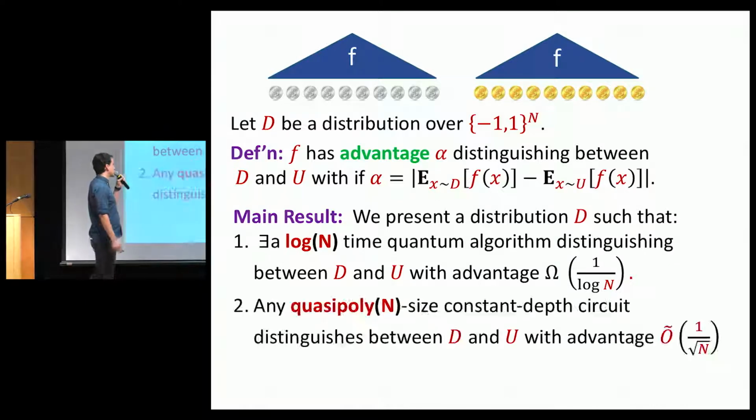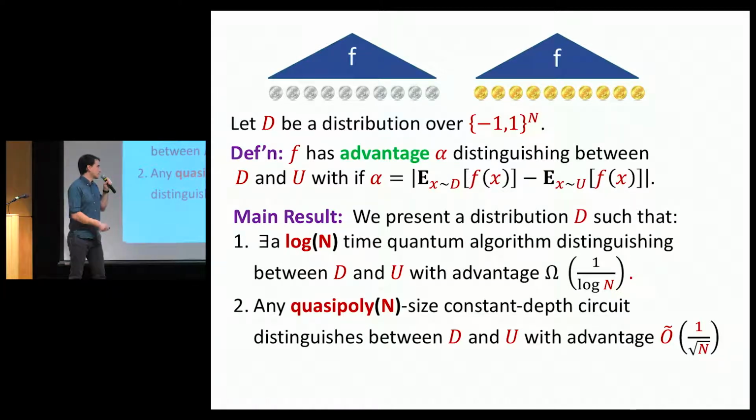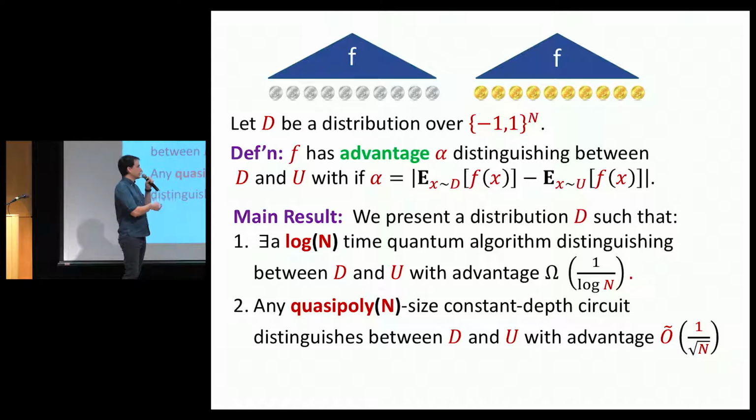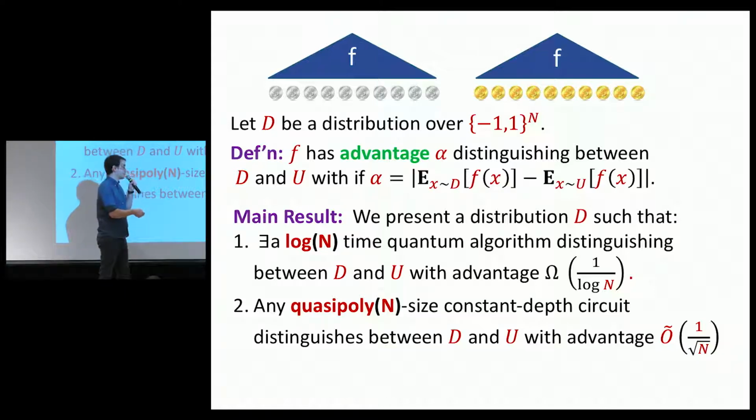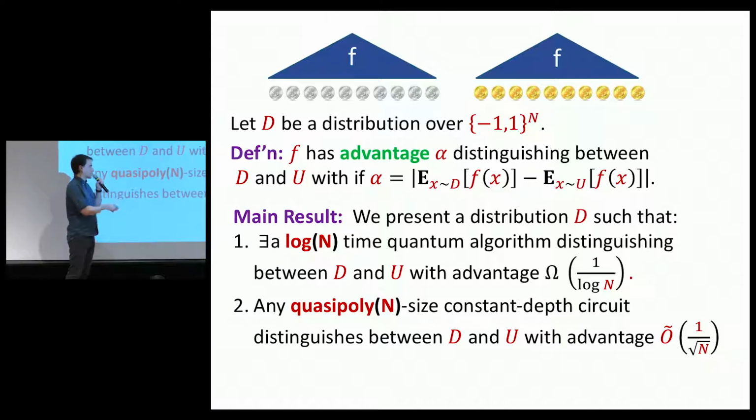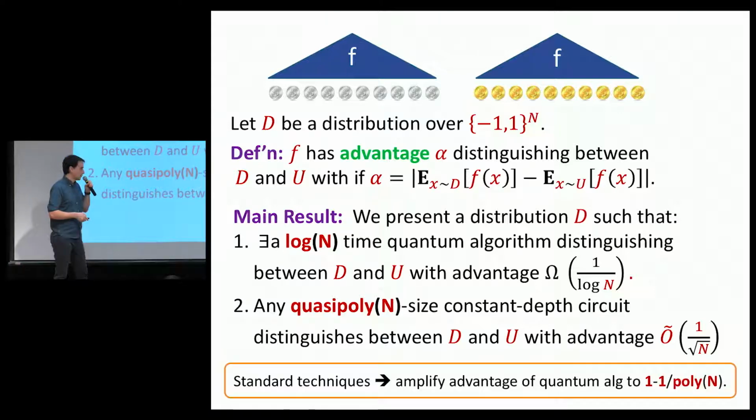On the other hand, we show that any constant depth circuit of poly size, or even quasi-polynomial size, like n to the log n or something bigger than that, can distinguish between the two with advantage at most 1 over square root n, so much, much smaller. You can see that there is a huge gap between these two results. The advantage of the quantum device is at least 1 over log, and the advantage of the classical circuit is at most 1 over square root. So it's an exponential difference.